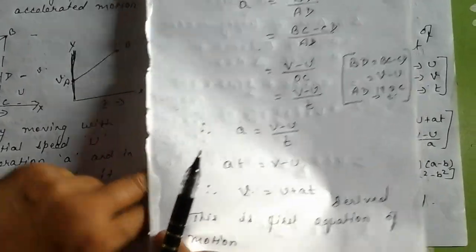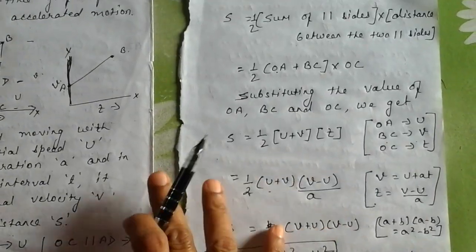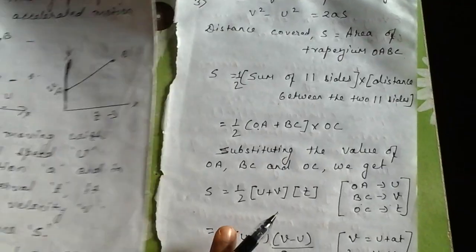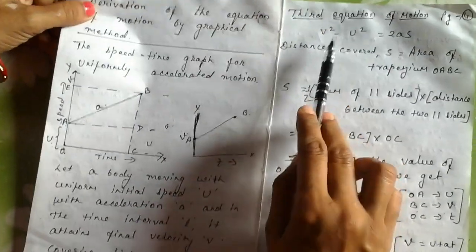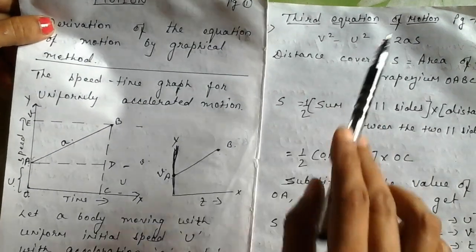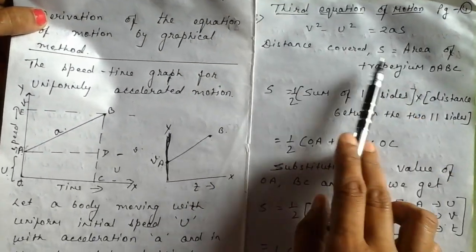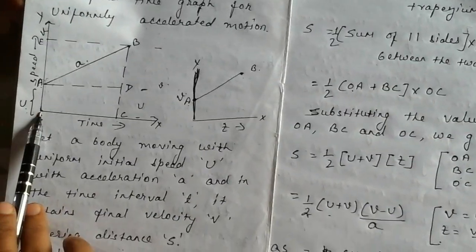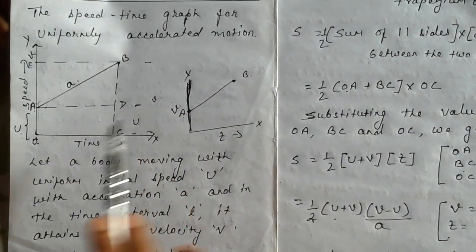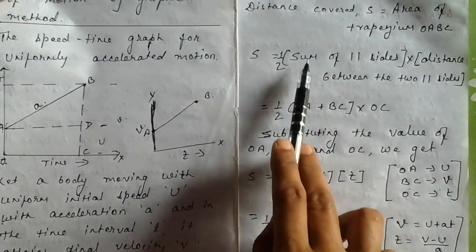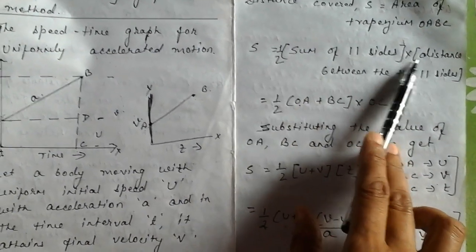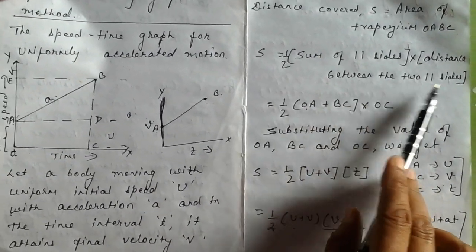Finally, come to the third equation of motion, v² − u² = 2as. Again, you have understood the graph. Let us start from s, the distance covered. The distance covered is the area of trapezium OABC. You know the area is half the sum of the parallel sides into the distance between the two parallel sides.